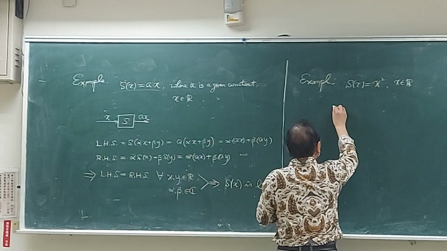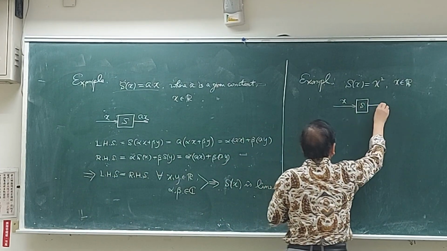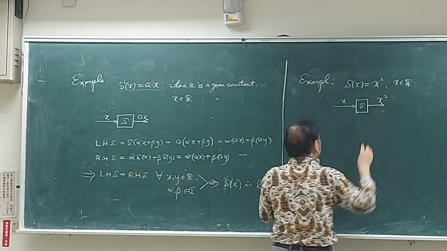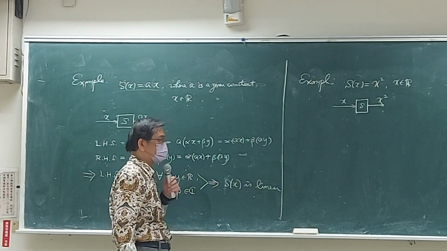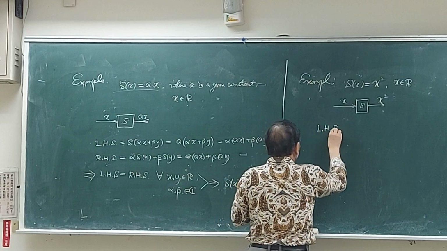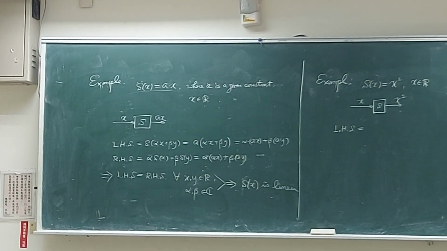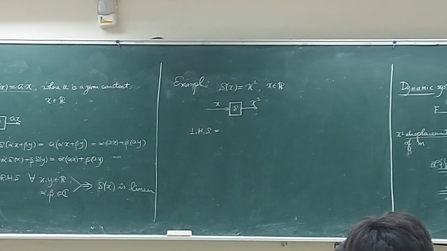Okay, so we have the input, then the output is squared. Okay, so let's find the left-hand side. Left-hand side is S of alpha x plus beta y.